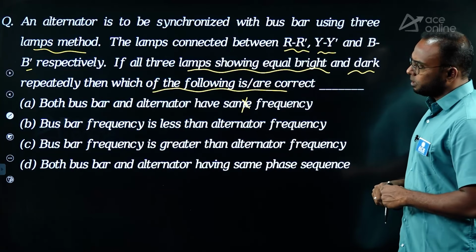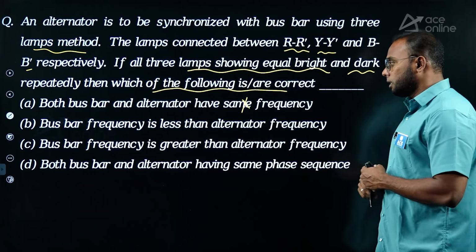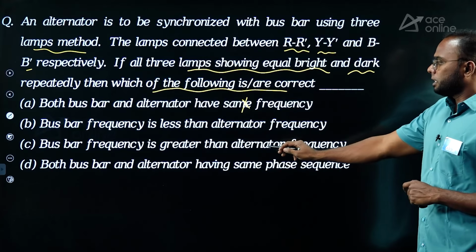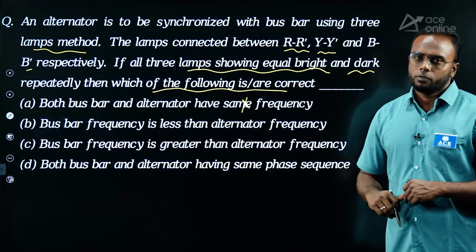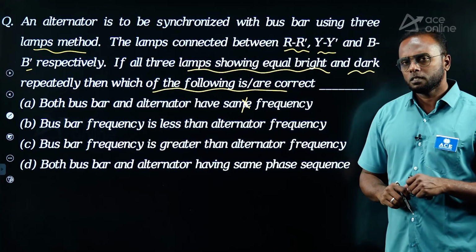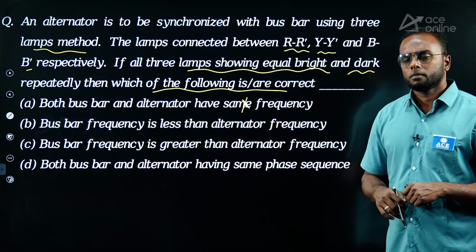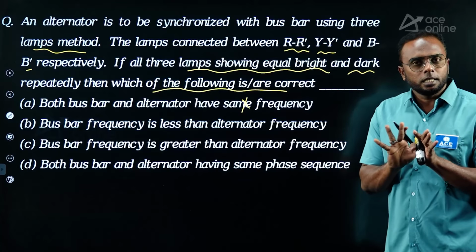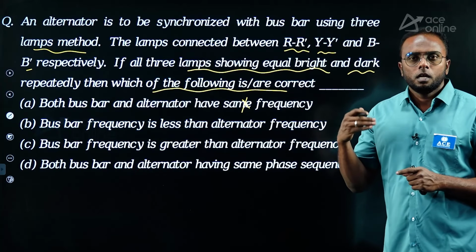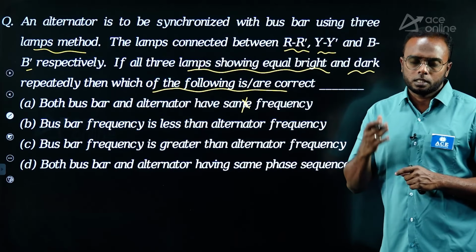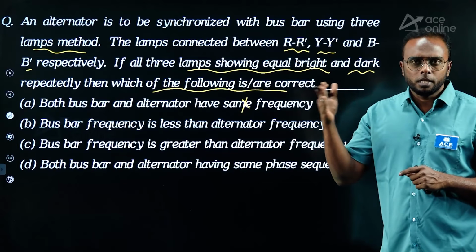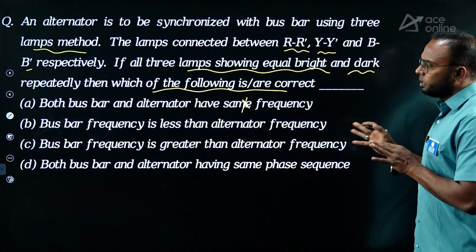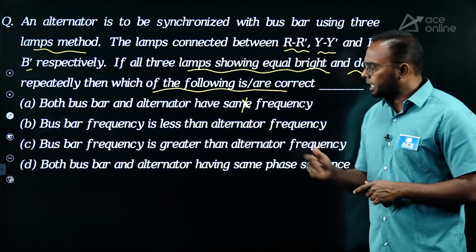Now the second option: busbar frequency is less than alternator frequency. And the third statement: busbar frequency is greater than alternator frequency. Can you tell which one is correct out of these, or are both correct? Here the lamps are showing bright and dark, but I have not given any sequence of lamps, like A, B, C sequence becoming dark in the same sequence, or A, C, B. I am not giving that. So anything may be correct.